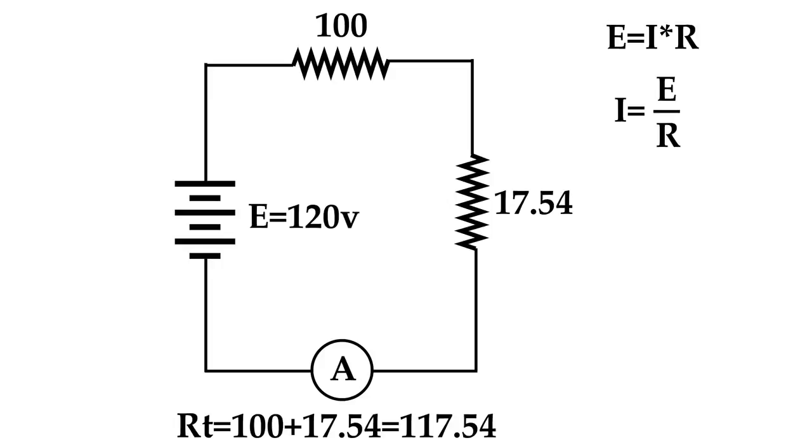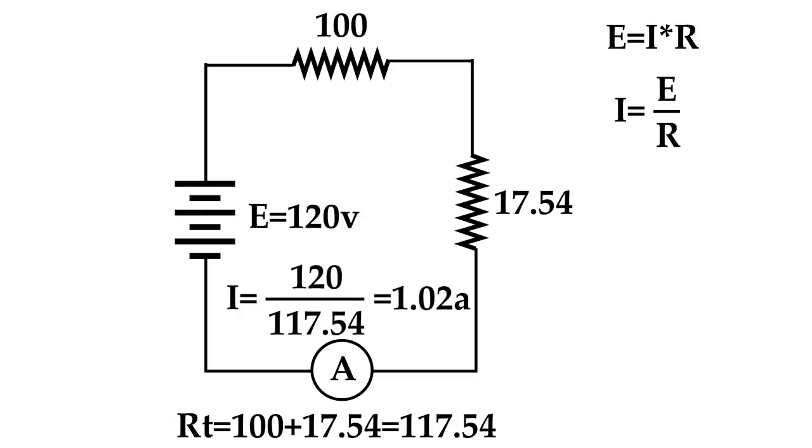Now from this, we can use the second equation, I equals E over R, to figure out what the current is in this circuit. And that yields this, I equals 120 volts divided by 117.54 ohms. So the current in this circuit is 1.02 amps.